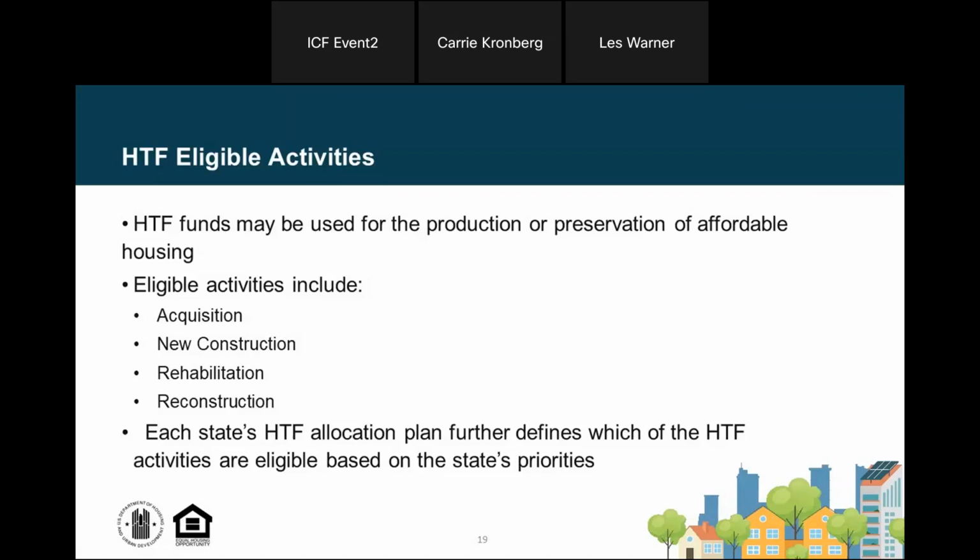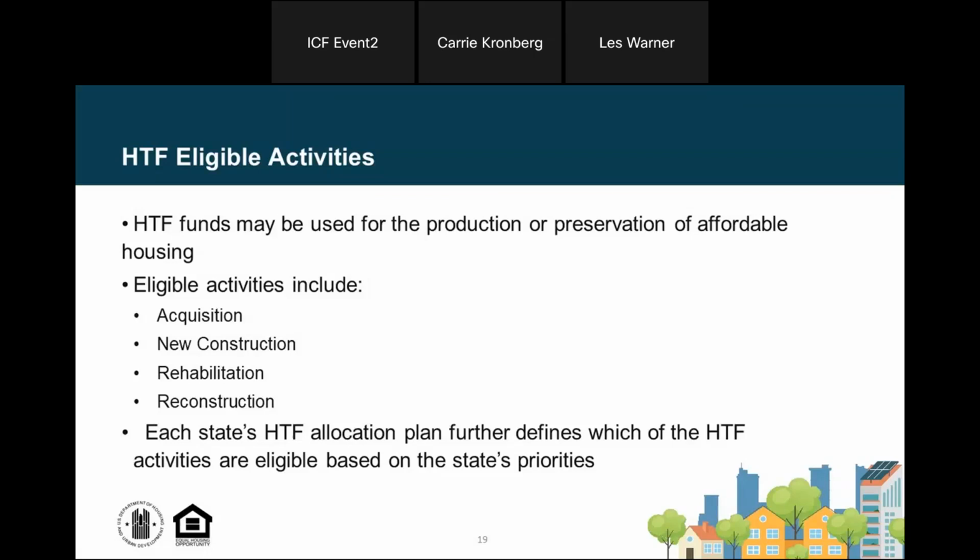Reconstruction is where we have an existing structure that is demolished and replaced. If we had an existing structure that was so far gone, we do have the ability to do a reconstruction on that. So our housing trust fund funds are used for production of non-luxury housing.